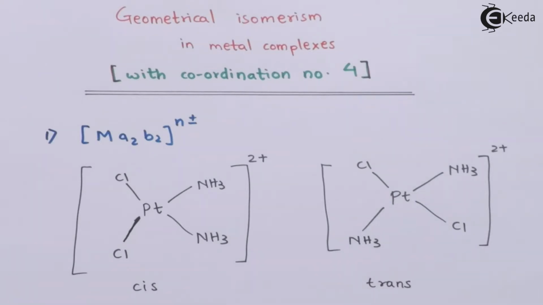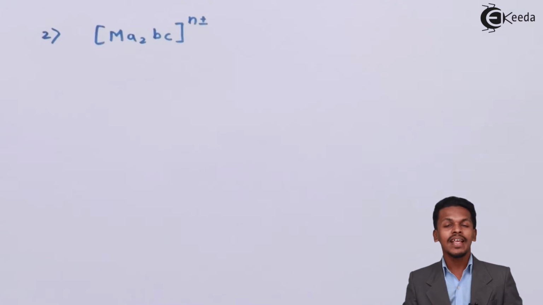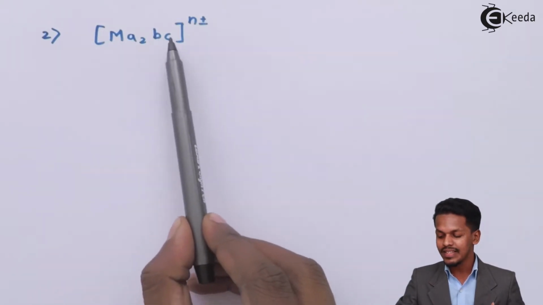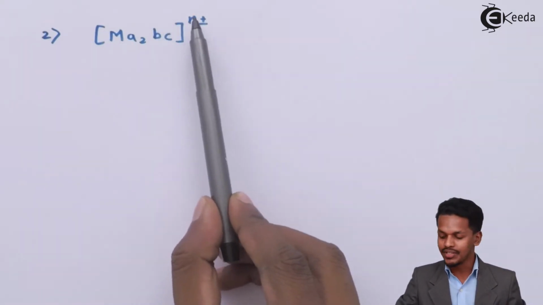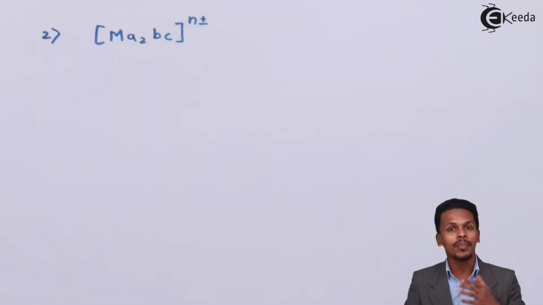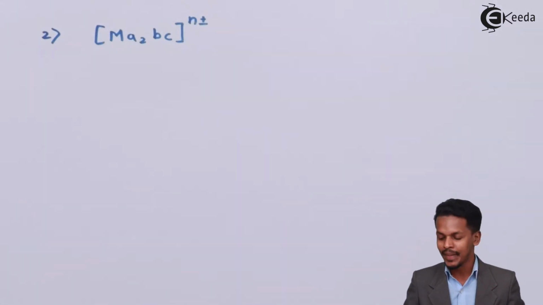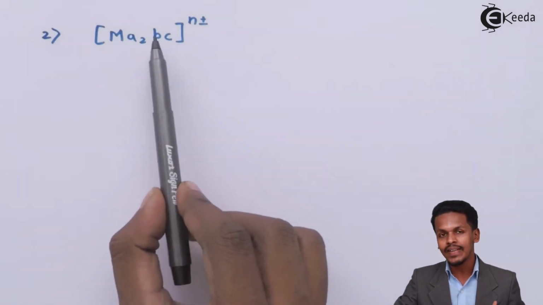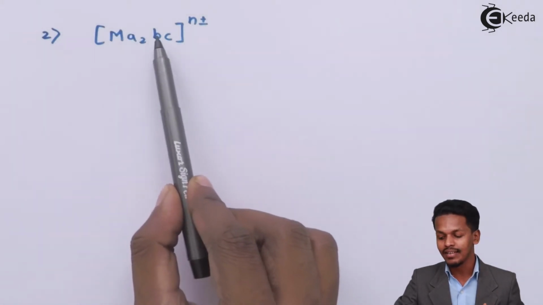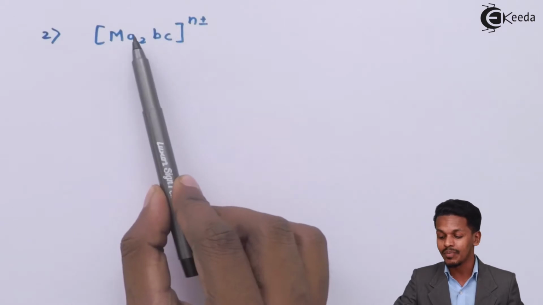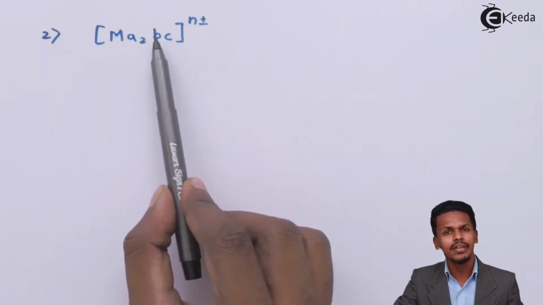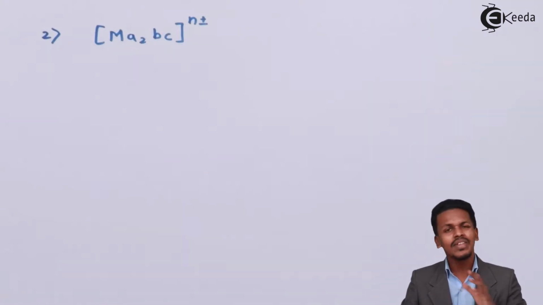Now let me talk about the next one. The next type is M A2 B C, with a plus or minus charge acquired on this complex depending upon whether it is an anionic complex or a cationic complex. So there are two similar ligands, and the other two are different from A as well as from each other. Let me give you an example.